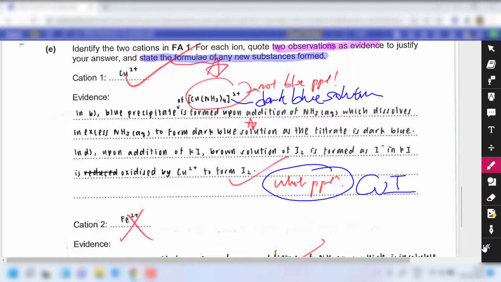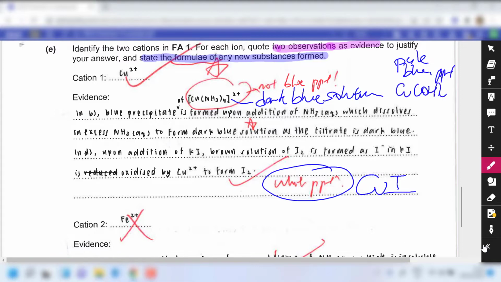And then when you added sulfuric acid slowly, if you remember, you observe the formation of the pale blue precipitate. I think you can write that in as pale blue ppt, which is copper 2 hydroxide.